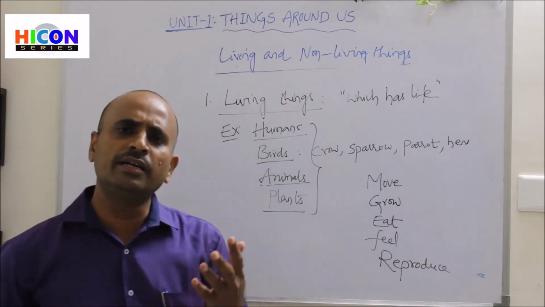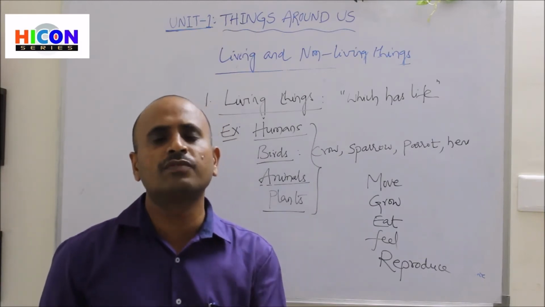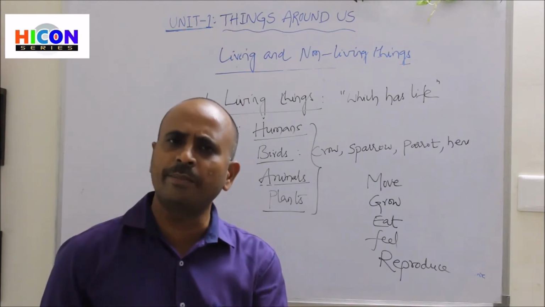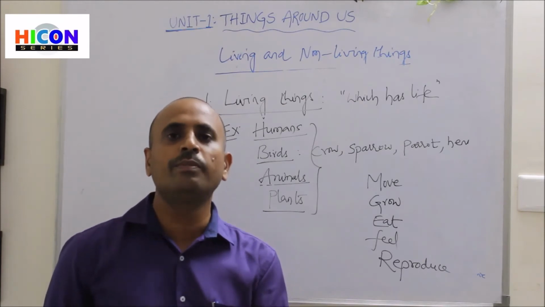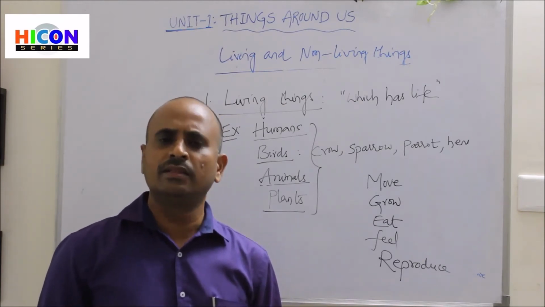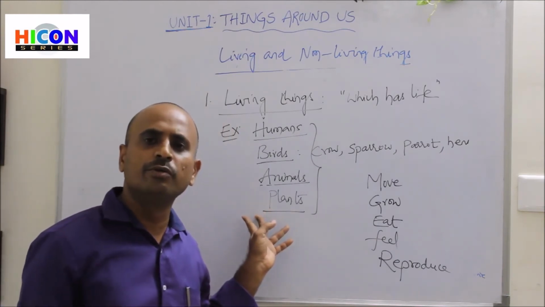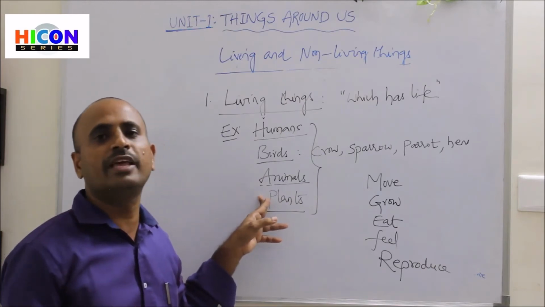All trees will reproduce new plants with the help of seeds. If you take a mango seed and plant it, you will get a new mango plant. In this way, almost all plants reproduce new plants with the help of seeds, and animals also reproduce their new ones.